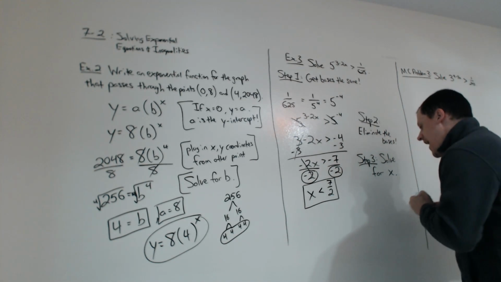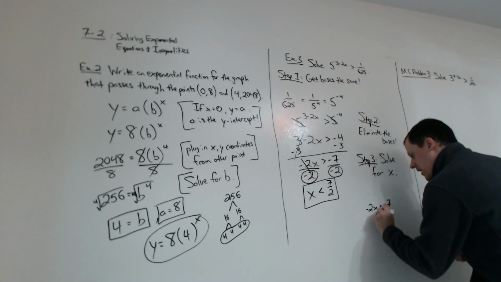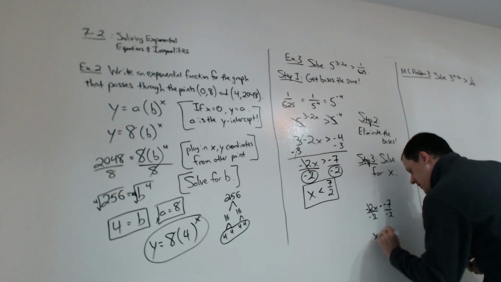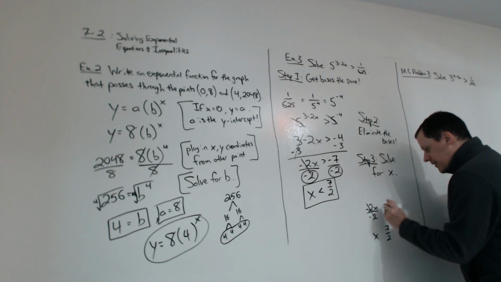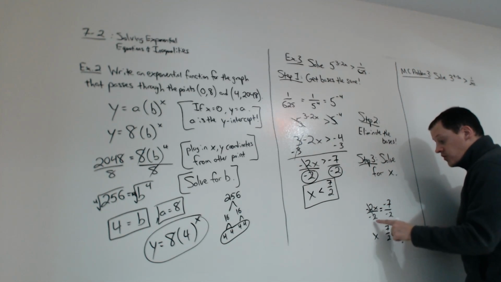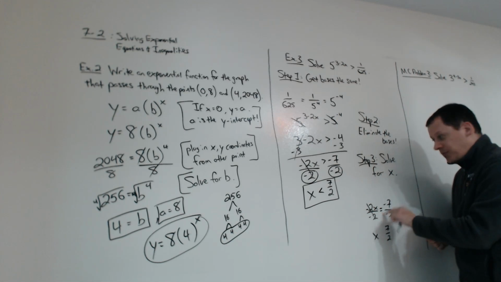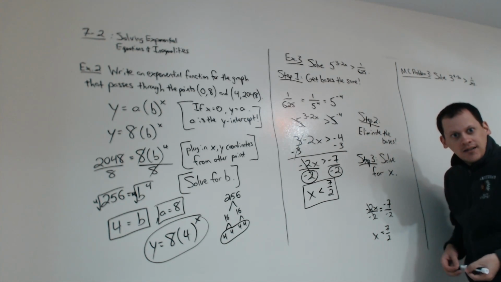Right? If we had -2x equals -7, and we divide both sides by -2, you get x equals 7/2. Let me write that a little more clearly. When you divide by a -2, you are flipping this sign. But when you flip an equals sign, it's still just equals.